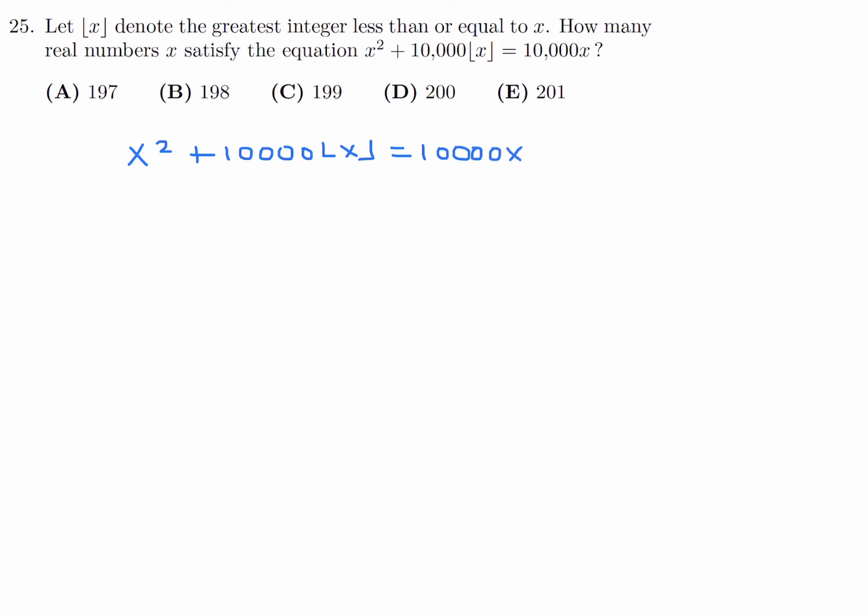Let's bring the x squared to the other side. So this side would become 10,000 bracket x is equal to 10,000x minus x squared. And therefore now I can divide through by 10,000. And it's going to leave me with just x minus x squared over 10,000.